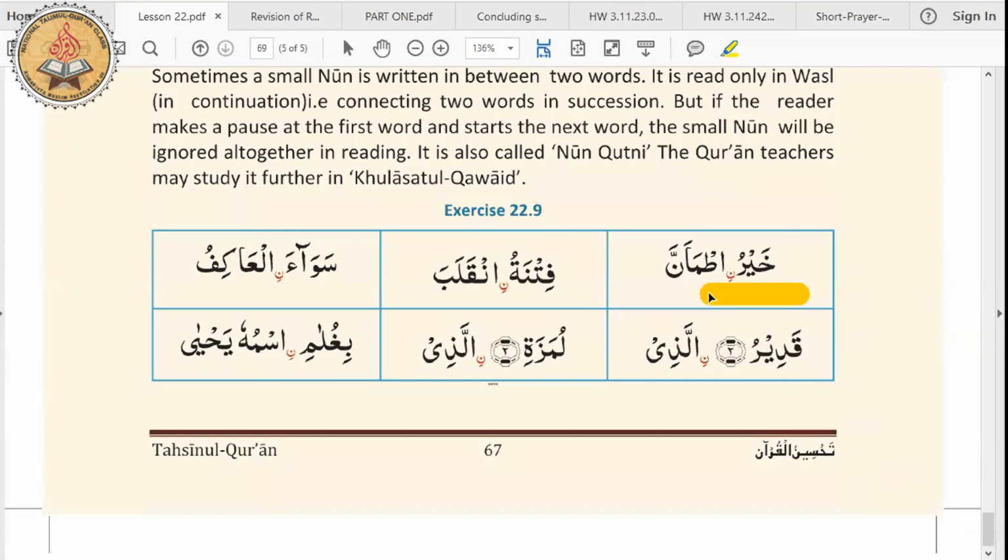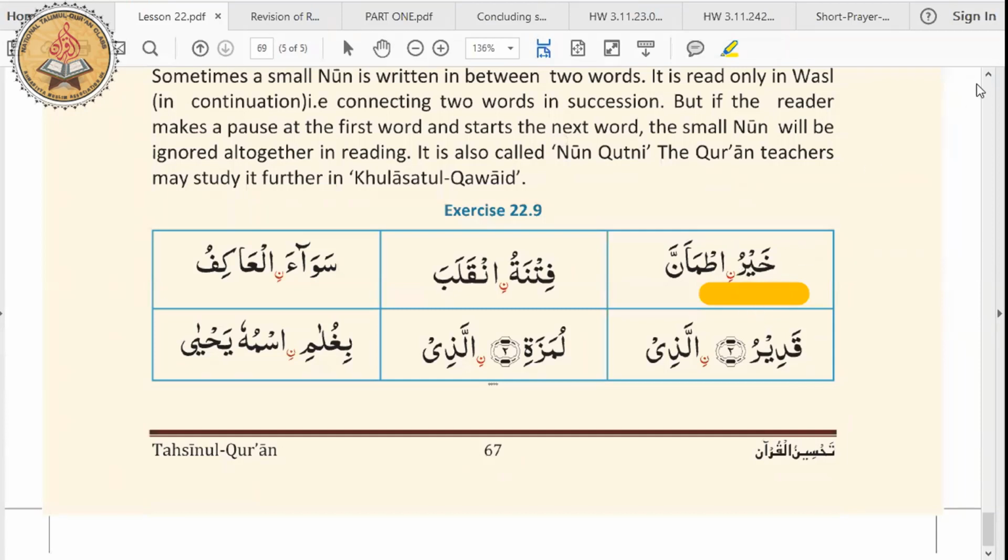Can you read this word, please? Khairun... tama'anna. Can you try it once more, please? Khairun... tama'anna. So the rule related to the small noon, or miniature noon, or noon kutni, is that it comes between two words.